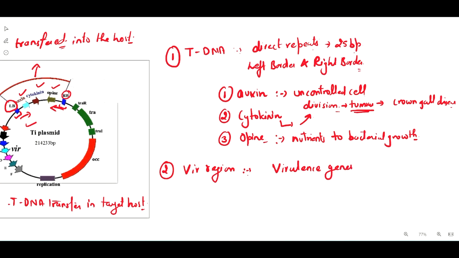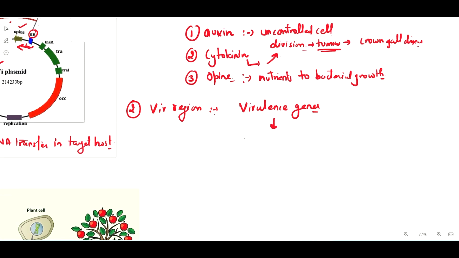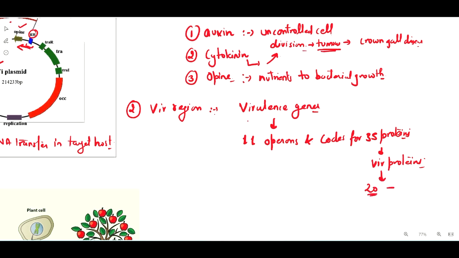It has nearly 11 operons and can code for 35 proteins, which are called Vir proteins. Out of 35 Vir proteins, 20 are involved in tumor formation.